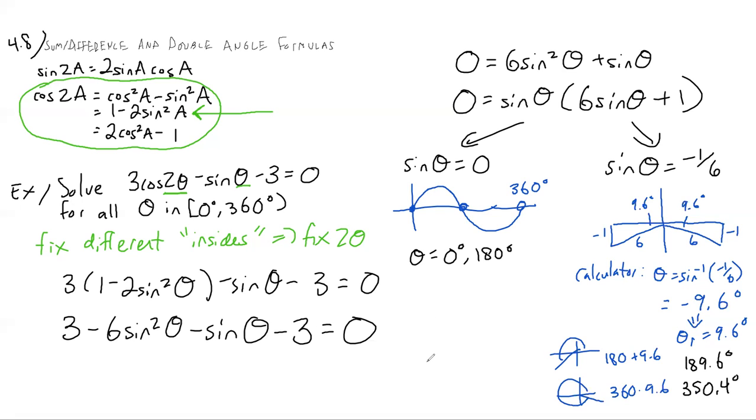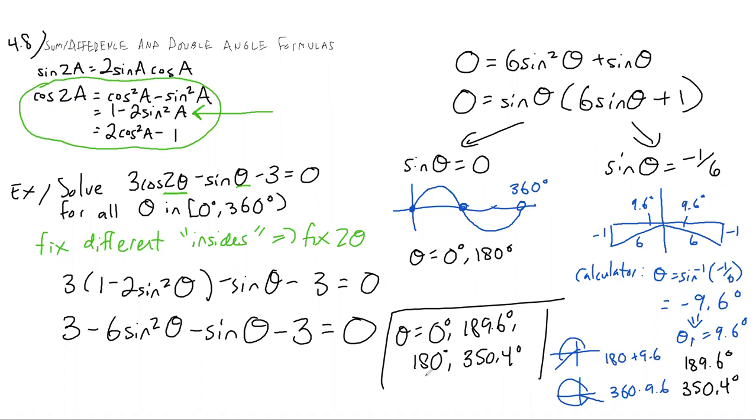And so my whole solution set: 0, 189.6, 350.4. Oh, I'll write the other one first, 180, just so that they're in order. And 350.4 degrees. And so, yeah, that should be all of the solutions for that.